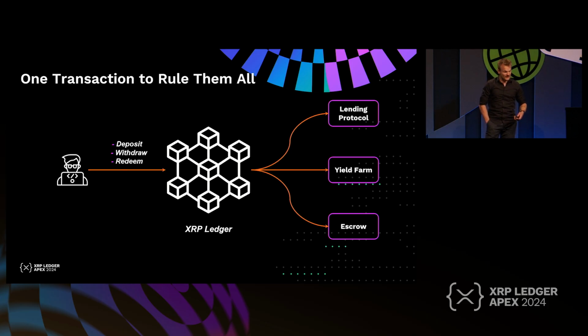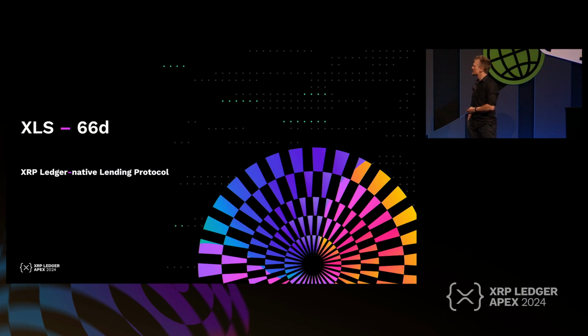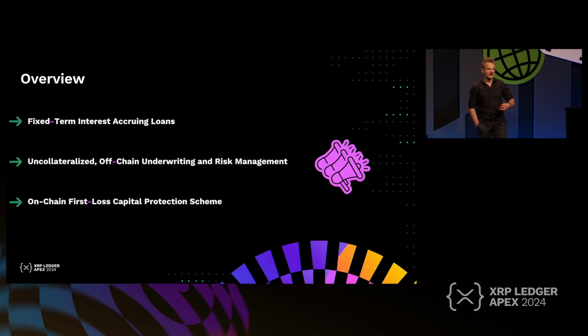Okay, with vaults out of the way, let's have a look at how the lending protocol works and what it brings. So like Jazzy mentioned, the XRP Ledger native lending protocol is bringing fixed-term interest-accruing loans.